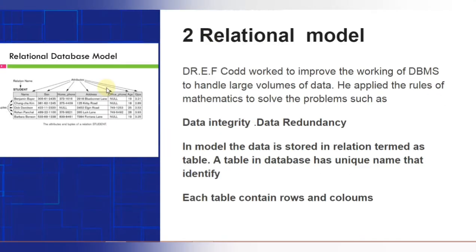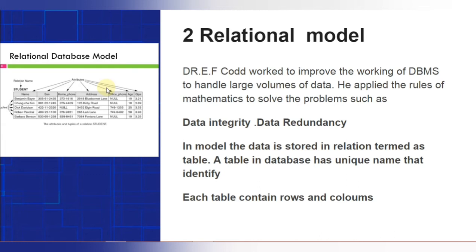Number two is the relational model. Codd worked to improve the working of DBMS to handle large volumes of data. He applied the rules of mathematics to solve problems such as data integrity and data redundancy.